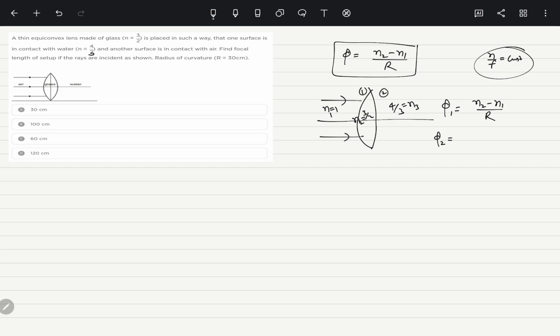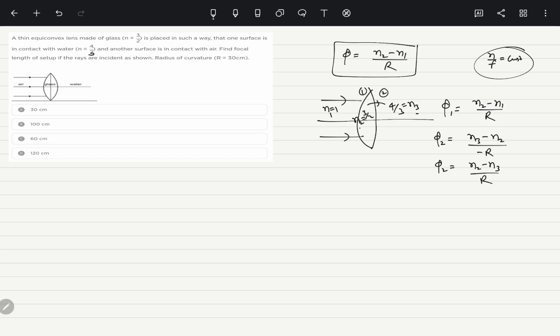What is phi2 now? For phi2, the ray is going from this medium to this medium, so we can apply this formula here. This time our n2 will be n3, n1 will be n2. As you all know how we take n1 and n2. So it is n3 minus n2, and this time the radius will be negative. So phi2 I can write as n2 minus n3 upon r.